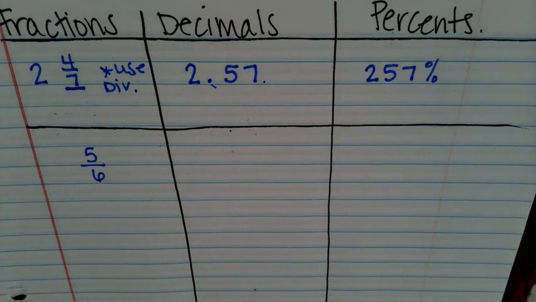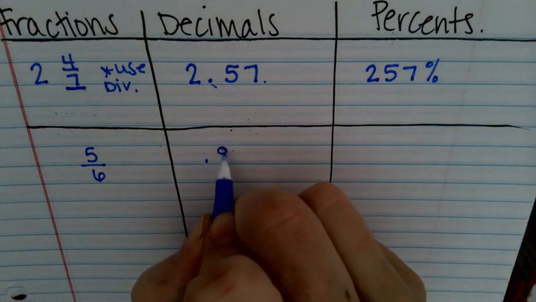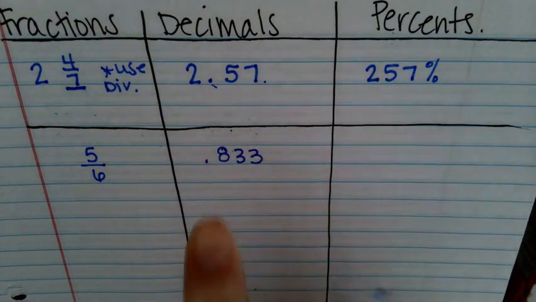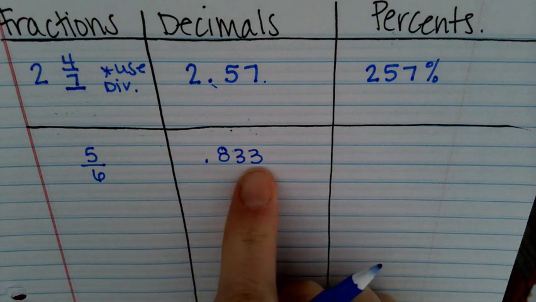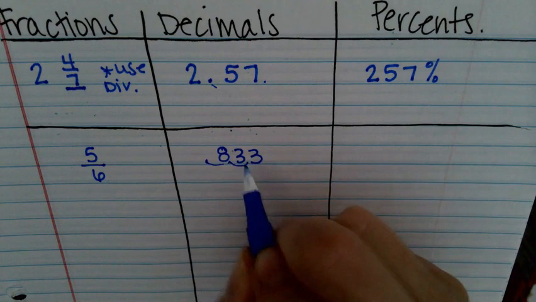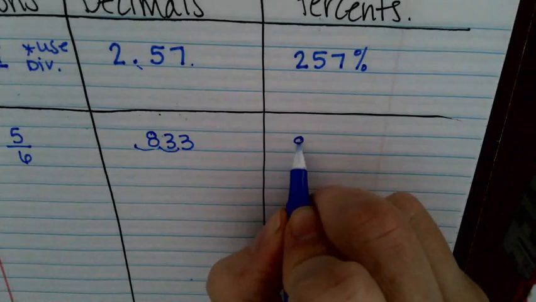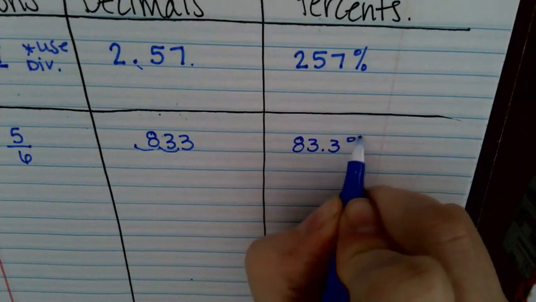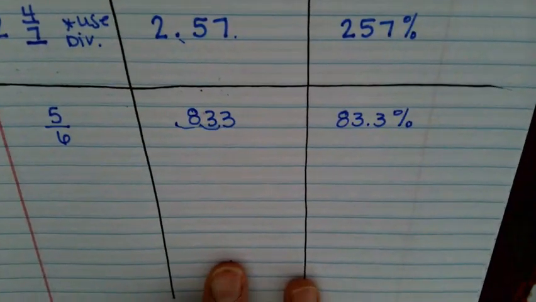So go ahead, put that in your calculator and tell me what you get. Okay, you could have left it as 0.833 or 0.83. Let's change that over to a percent. Move the decimal 2 places to the right, and I would have 83 3/10%.